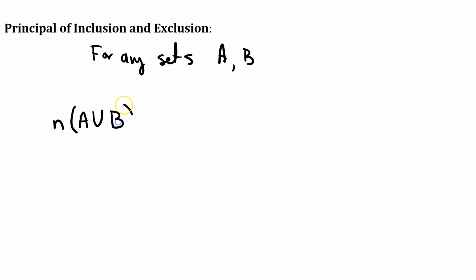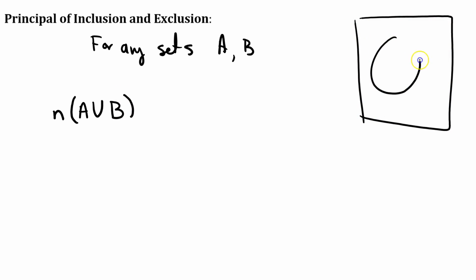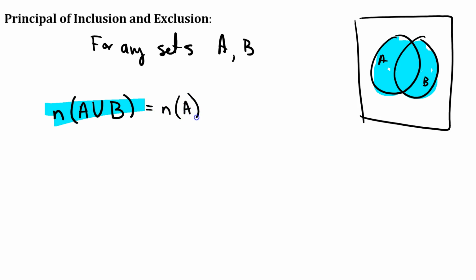The principle of inclusion and exclusion states that for any sets A and B, the number of elements in A union B, let's just draw this out so we can see, this whole structure, this circle and this circle, equals the number of elements in A plus all of the elements in B, minus the intersection, because that is our overlap.